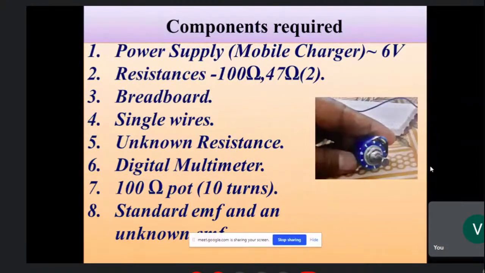So every mark or every point can give us 1 ohm resistance. So this is a very fine tuning for the variation of resistance in the potentiometer.